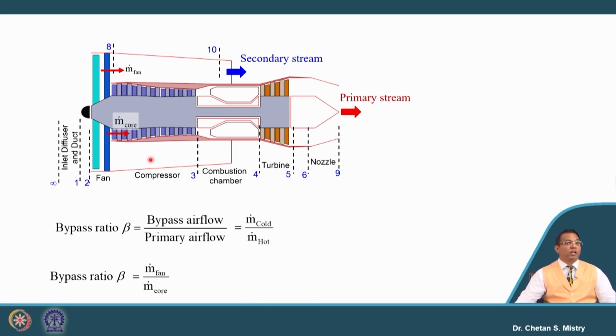Now, do not get confused here. The question will come, what is entering inside the fan? So, in this case I say my m dot fan is nothing but beta into m dot core. So, basically, at the entry, the free stream airflow I have can be written as m dot core plus beta into m dot core, that is, 1 plus beta into m dot core.